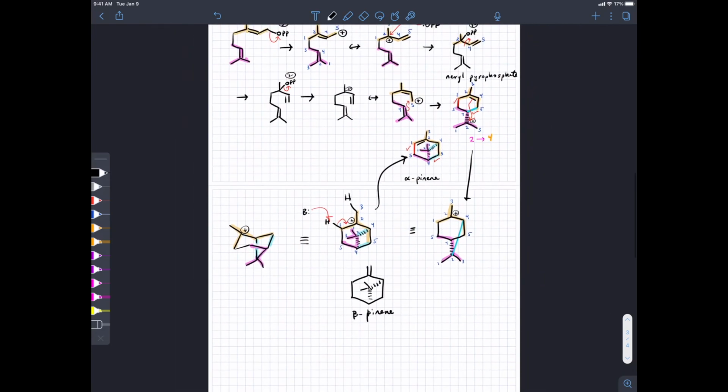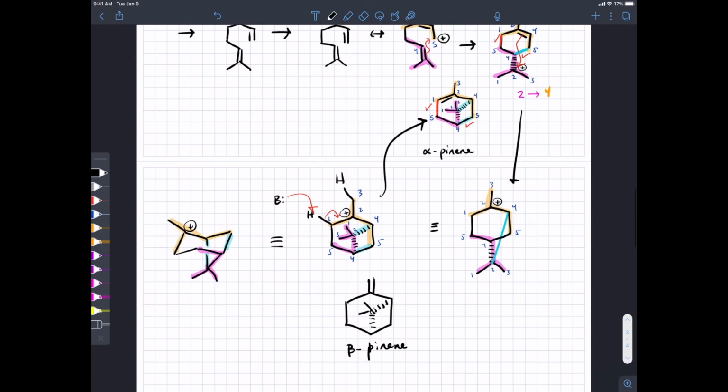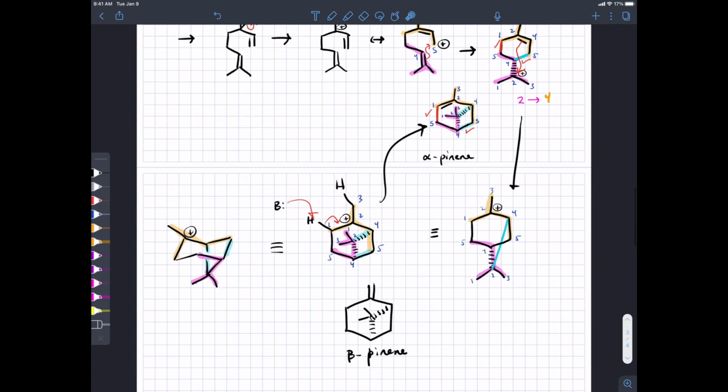And what controls that? Well, the alkene in alpha pinene is more stable. Why does nature sometimes make beta pinene? I'm not sure. But could you push arrows if I told you which one was the product, right?